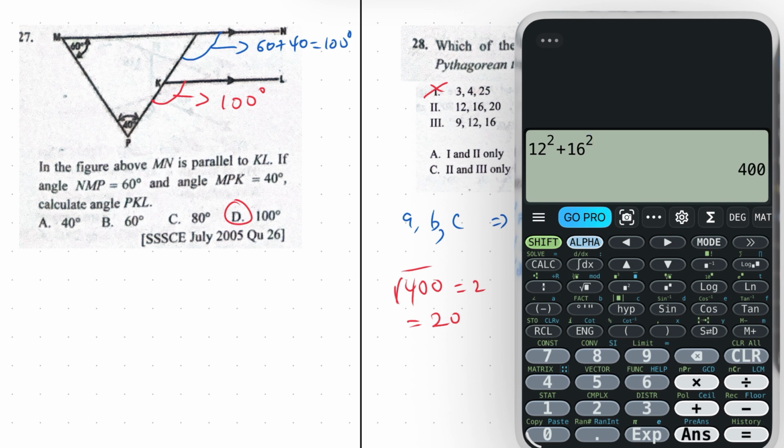Now that means we have 12, 16, 20. So this is actually a Pythagorean triple, because when you take the squares of these two and add them, you get the square of this, which is 400 that we found right here. So this is correct.